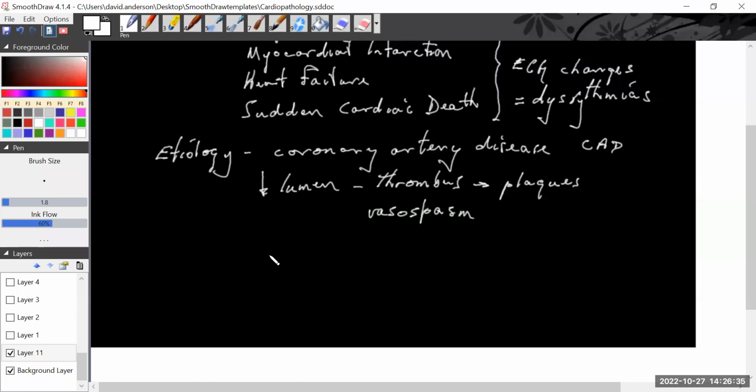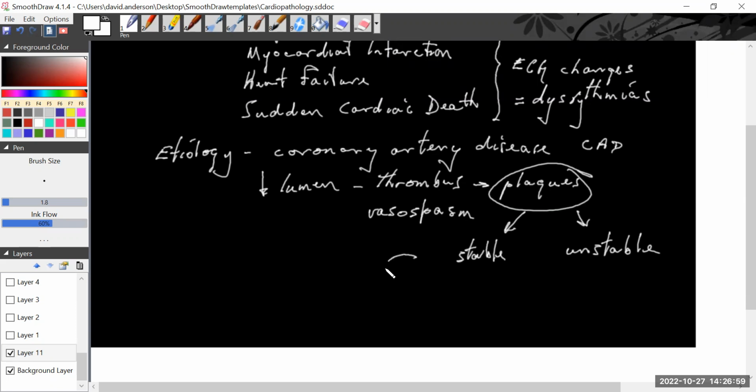So what we're concerned about when we look at these plaques is that some plaques are described as being stable and other plaques are described as being unstable. If it's a stable plaque, it's got a very defined and typically, relatively speaking, a thick fibrous cap on it.